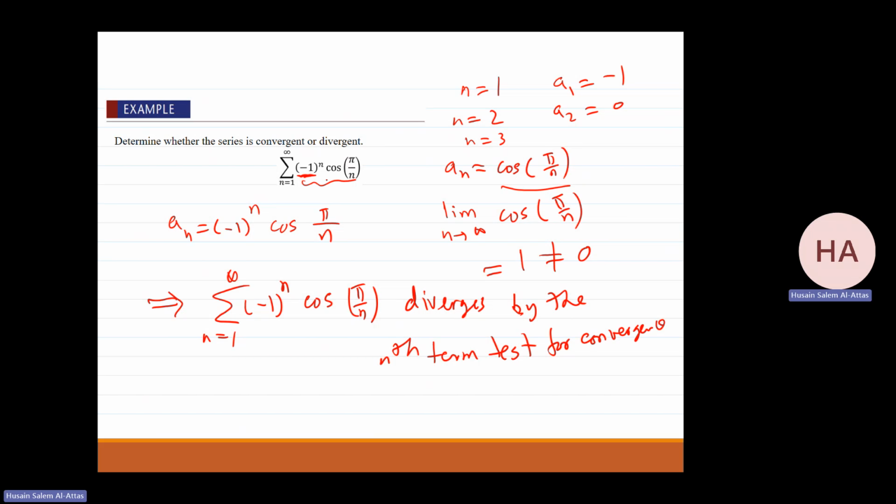Yeah, because if this goes to 1, this is plus minus, so that will not converge to 0. So that makes it diverge by the n-term test for convergence. Okay, this one. We don't have minus 1 to the power n. Do we have that?